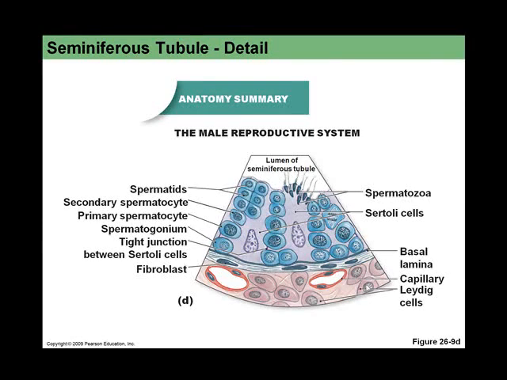So LH will target these cells. Even though it's diffusing everywhere, it can only affect the target cell. By definition, the target cell is the one that expresses the gene for the receptor and can bind the ligand, the hormone, and respond to it, and links the receptor to the responsive mechanisms. So remember your endocrinology.